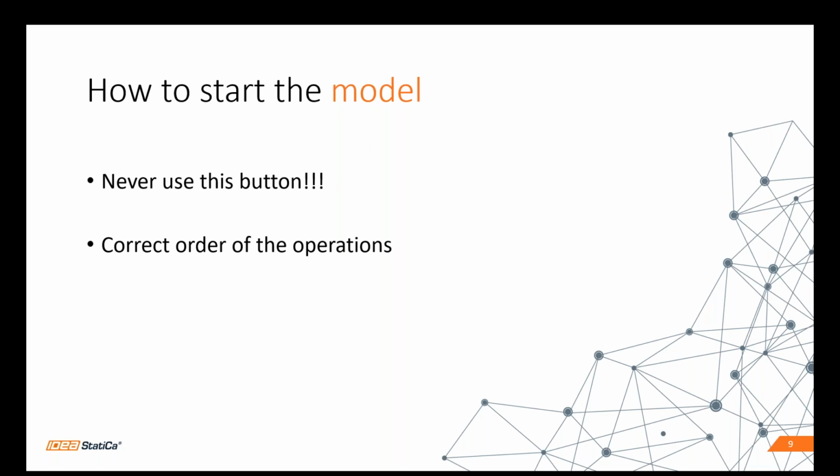Here you can see the correct order of the operations. That's quite an important part of modeling our analysis models. The process of modeling is based on simulating the real assembly of steel connections.